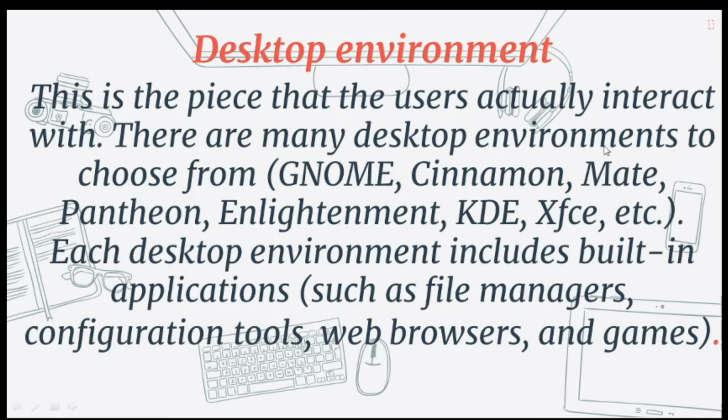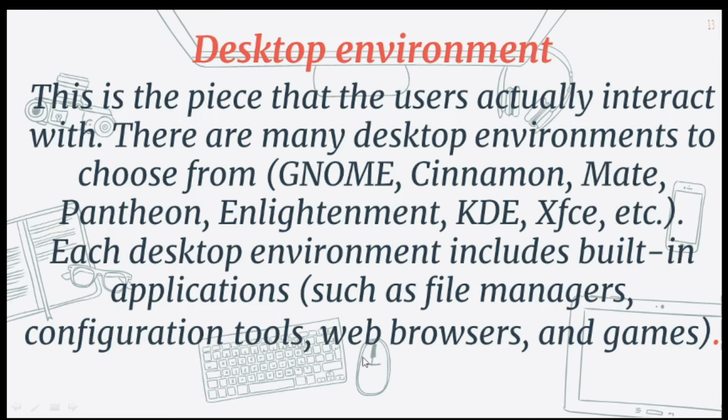There are many desktop environments to choose from: GNOME, Cinnamon, MATE, Pantheon, Enlightenment, KDE, Xfce, and etc. Each desktop environment includes built-in applications such as file managers, configuration tools, web browsers, and games.